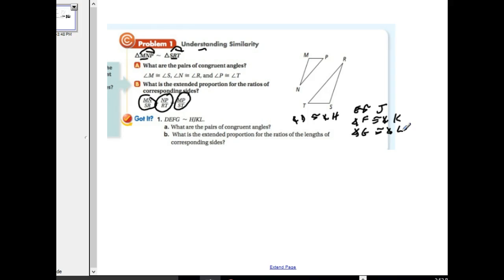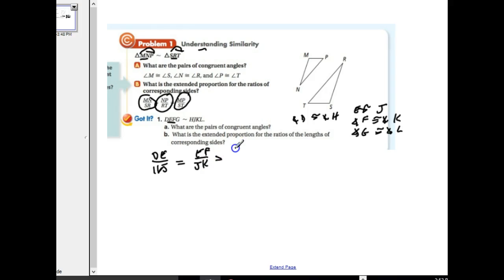Part B. What is the extended proportion for the ratios of the lengths of the corresponding sides? The same way as we did before, DE is going to correspond with HJ, in the same way, or equal to, EF, which is the next two here, is going to correspond with JK.